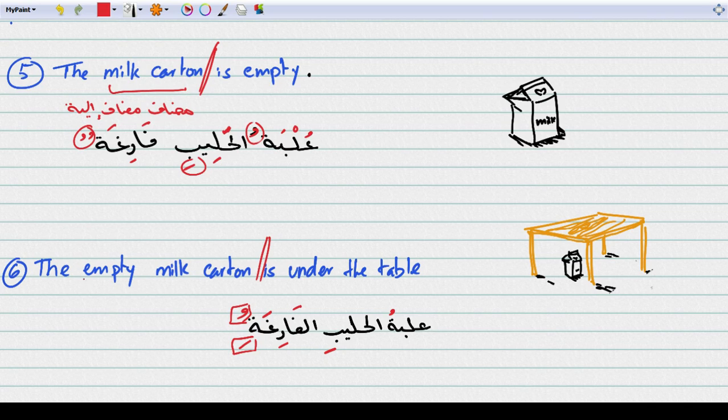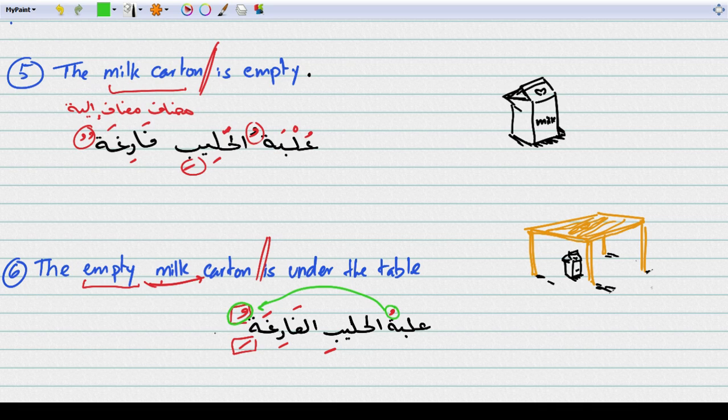Empty here is what? It's an adjective. For what? For milk? No, it's an adjective for carton. So in Arabic, how do you distinguish that? That's what matters. Look, if you want to say that the carton or the box is empty, you match these.